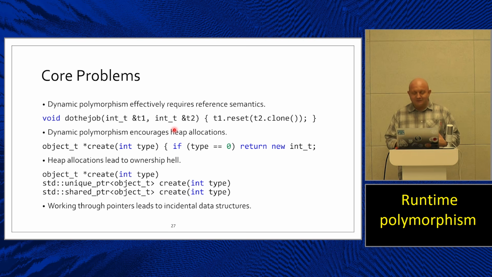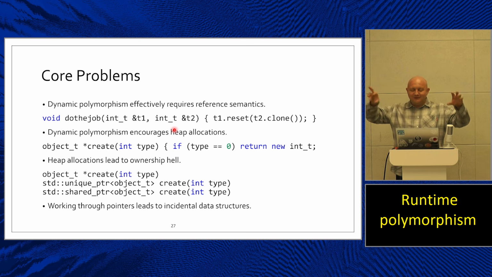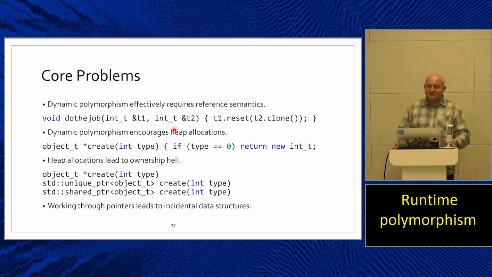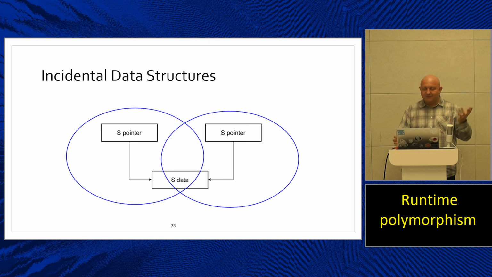And there is another issue. When you store pointers in a container, you no longer have a single contiguous array of objects. You now have a container of addresses pointing somewhere else in memory. And that creates what Sean Parent calls incidental data structures.